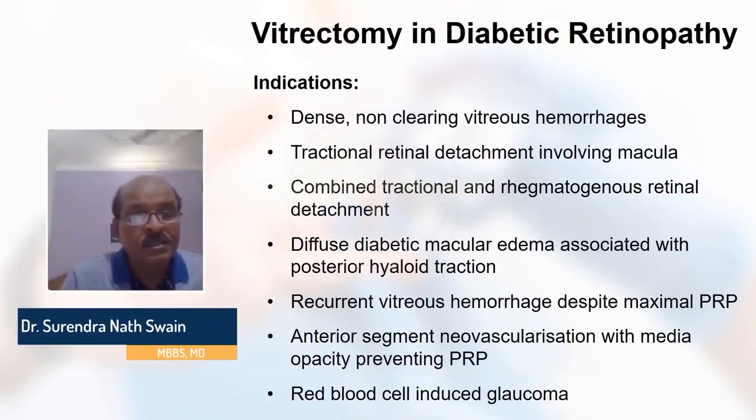Indications: dense, non-clearing vitreous hemorrhage, tractional retinal detachment involving the macula, combined tractional and rhegmatogenous retinal detachment, diffuse diabetic macular edema associated with posterior hyaloid traction, recurrent vitreous hemorrhage despite maximal PRP, anterior segment neovascularization with media opacity preventing PRP, and red blood cell induced glaucoma. These are the indications of vitrectomy in diabetic retinopathy.